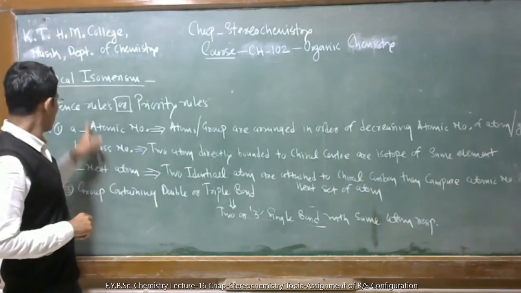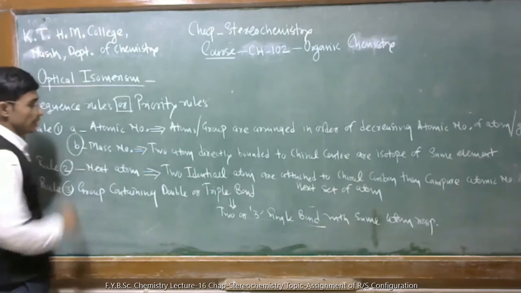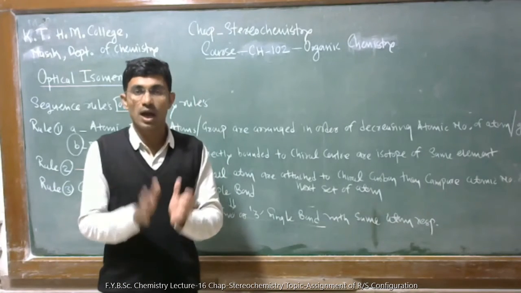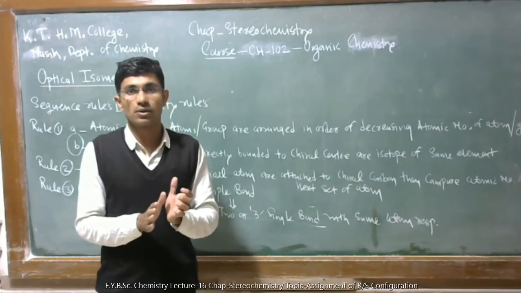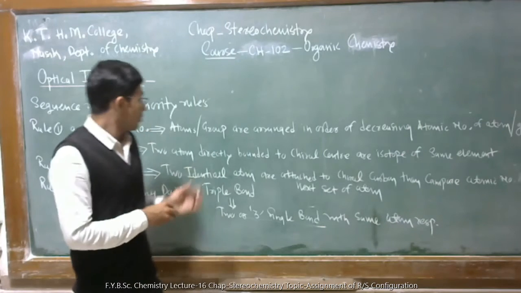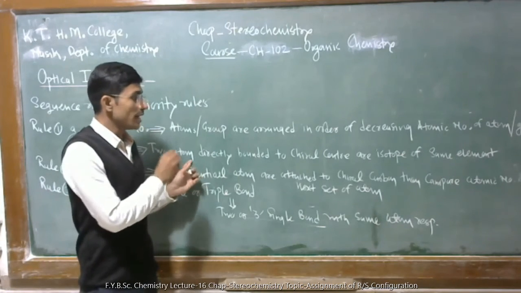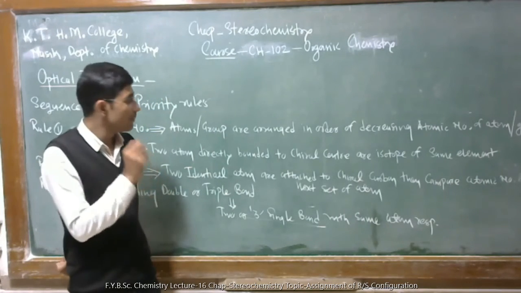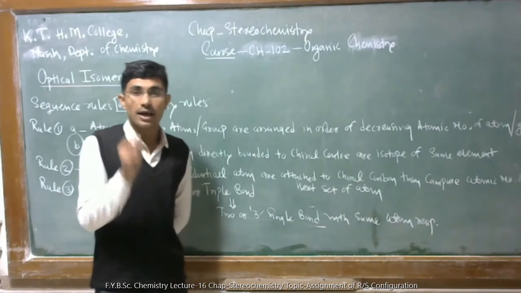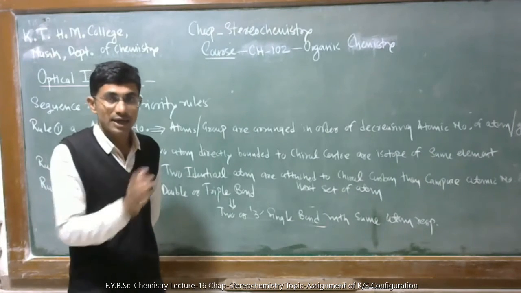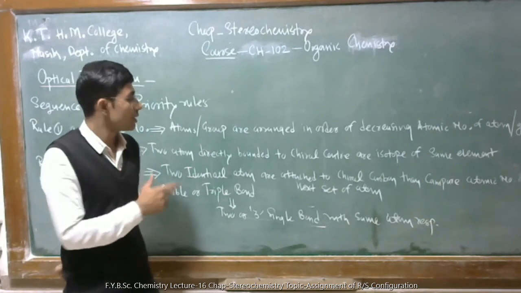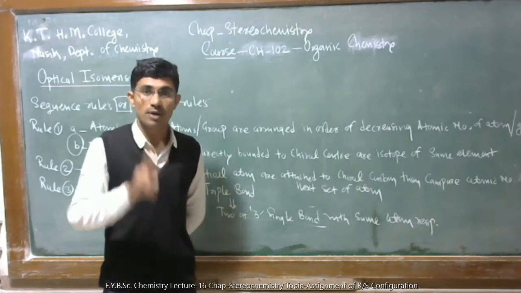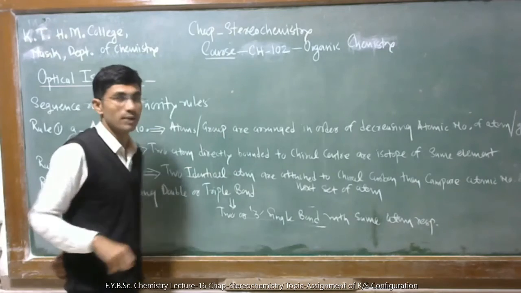In rule 1, the B part is the mass number. When the chiral carbon is attached to atoms directly bonded to the chiral center that are isotopes of the same element, we have to apply the rule based on mass number.